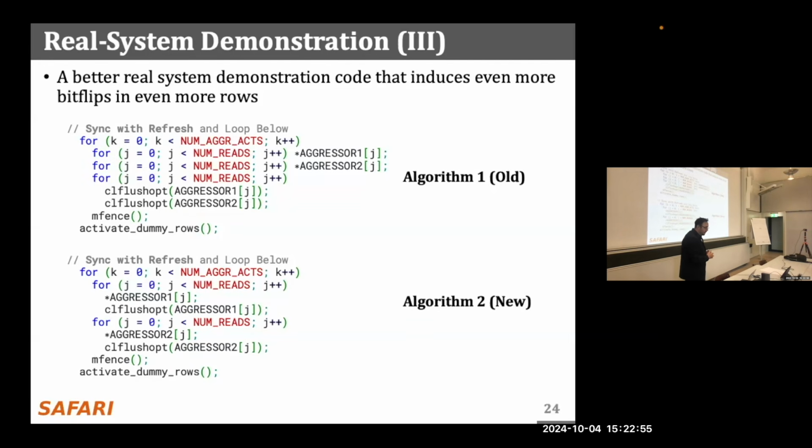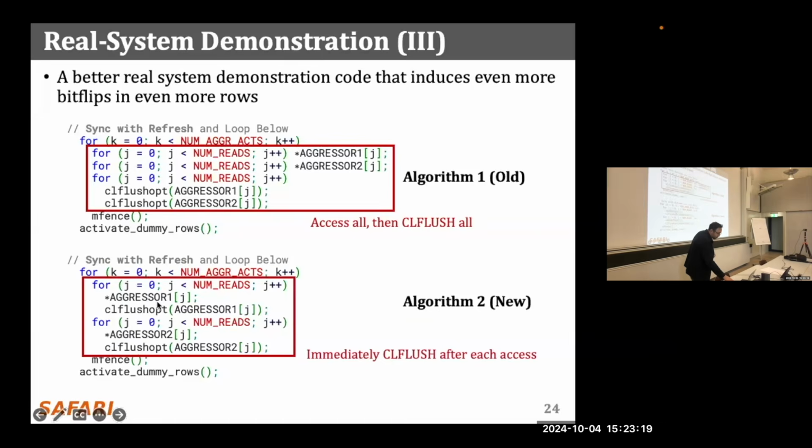In this example, algorithm 1 is from the paper that was published as the ISCA version. Later on, we improved this real system demonstration by using algorithm 2. We made just this small change here: this flush operation goes to the top so that you access the memory more frequently.